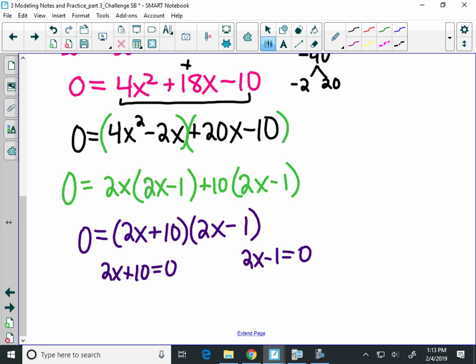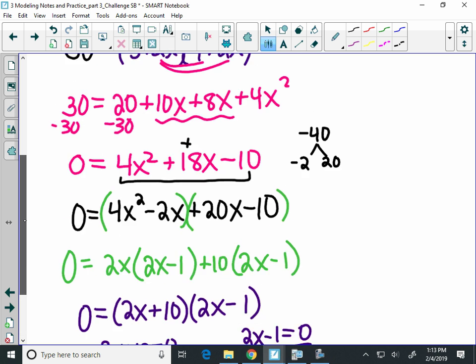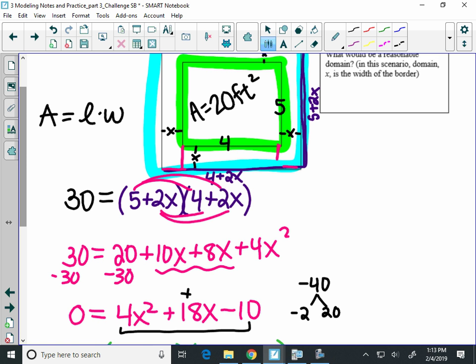If I solve this one, if I subtract 10 and divide by 2, what does x equal? Negative 5. Okay, that's one solution. And if I solve this right one for x, what do I get? 1/2.